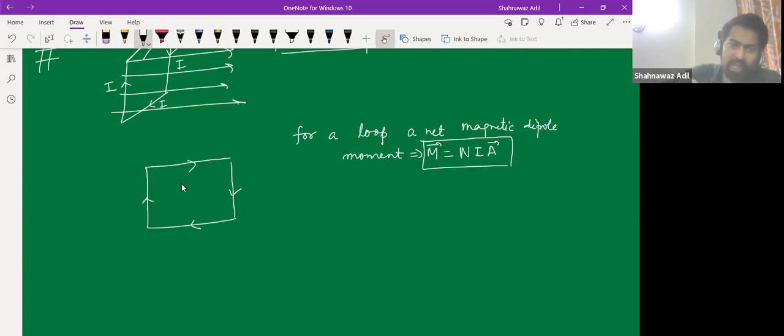So if you calculate the area vector direction, that would be the direction of this dipole. Is this clear, guys?